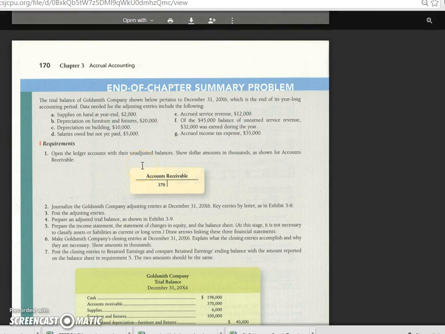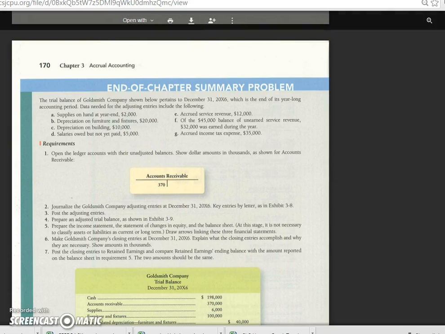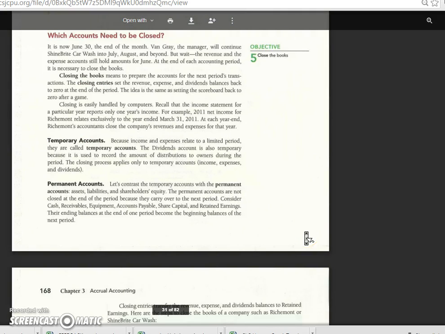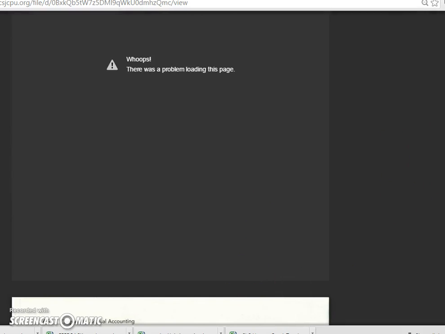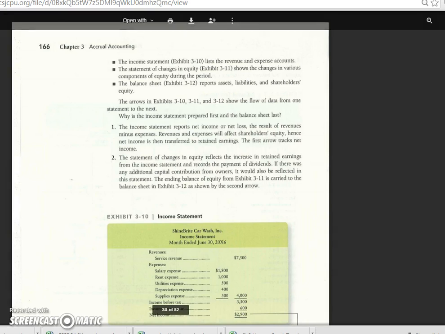As you can see on page 170, we are given this problem to look at. It says here that we have a trial balance below, and we have to adjust it. If you could turn to page 170, you'll see that there is a case, and in that case, what they've given you is the trial balance.